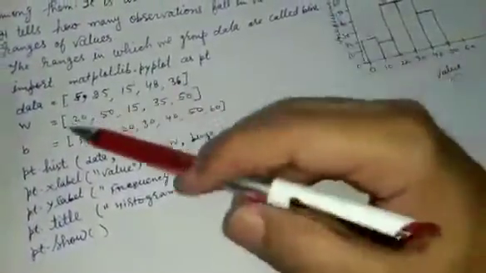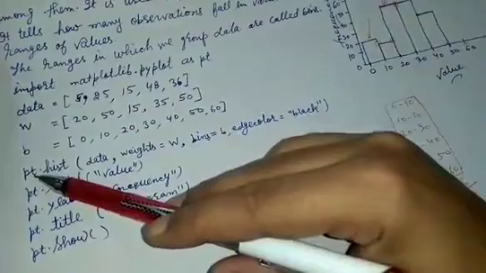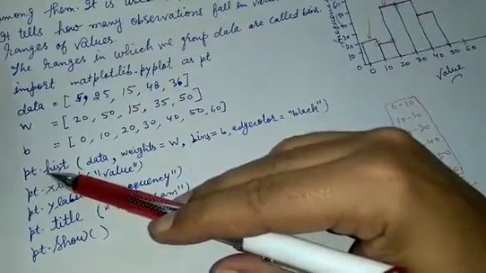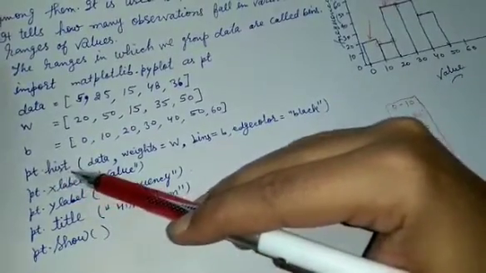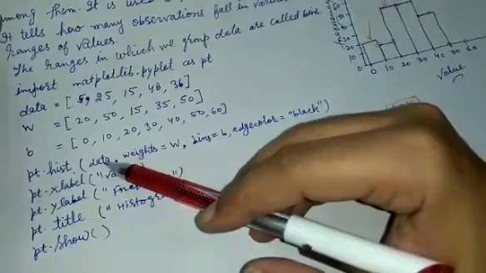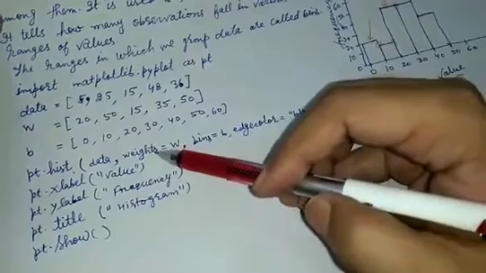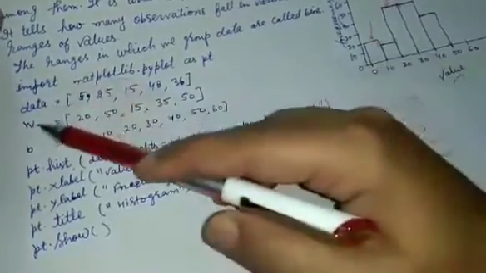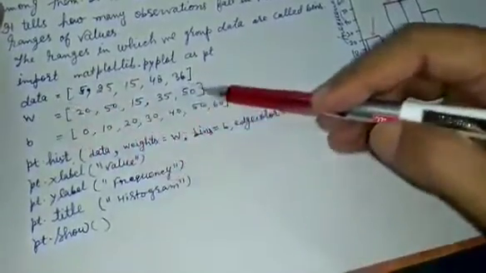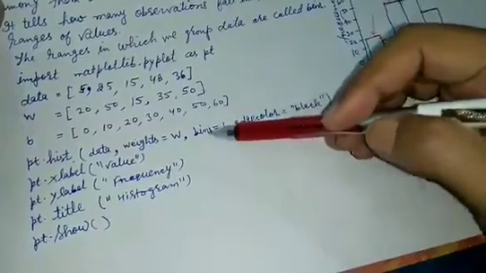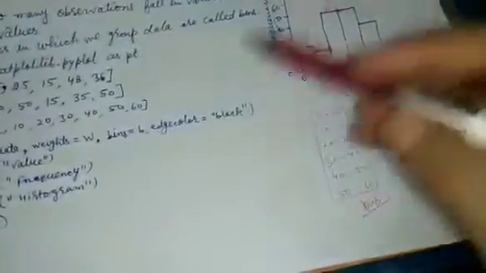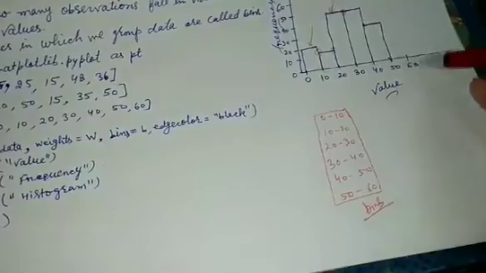Okay, so let's take this example further. To plot a histogram, we have the hist function. plt.hist(data), where data means the values on the x-axis. weights is equal to w. The w is the list we have created for the y-axis, and bins are the horizontal distribution of the x-axis.